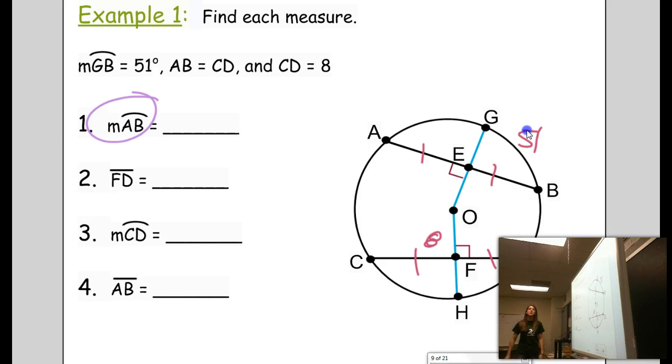The theorem that he used said, when a radius is perpendicular to a chord, it cuts the arc in half. Well, wait a minute. If that got cut in half, then this arc is 51, and that arc is 51. And then he did arc addition, 51 plus 51, and that's how he got 102.